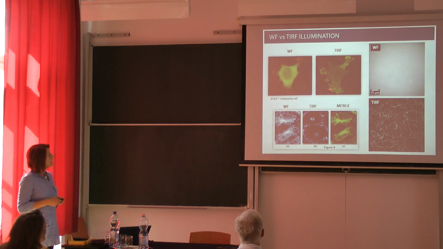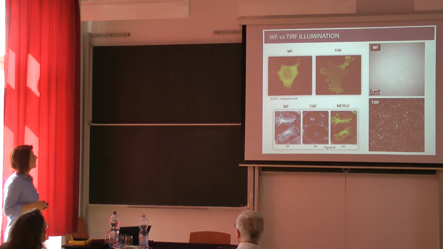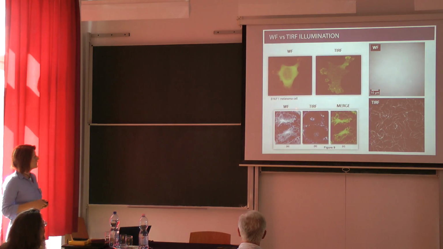But if you illuminate with TIRF microscopy, you can notice that this huge background fluorescence that comes from deeper layers of the cell simply disappears, so you can see more details from the regions close to the surface, in or near the plasma membrane. This second image highlights that sometimes in TIRF you will resolve different structures which are otherwise not visible in a wide field image.